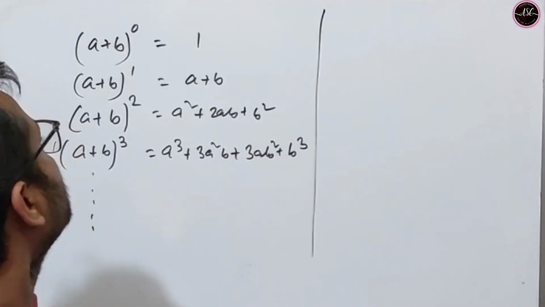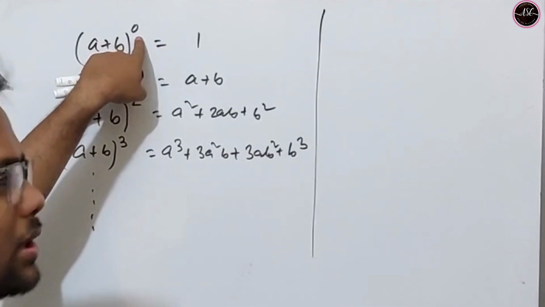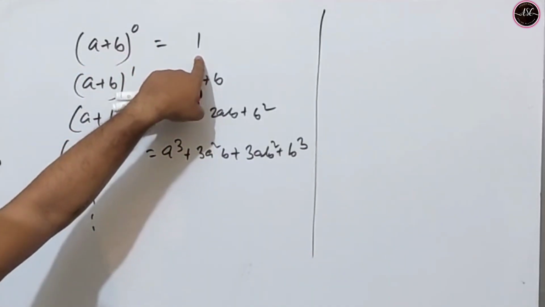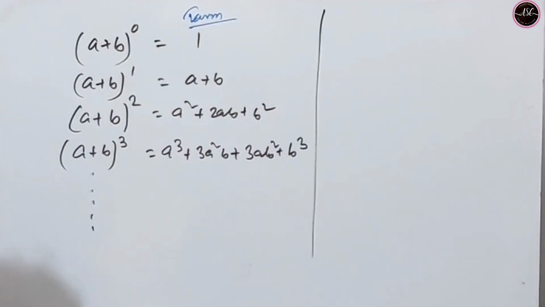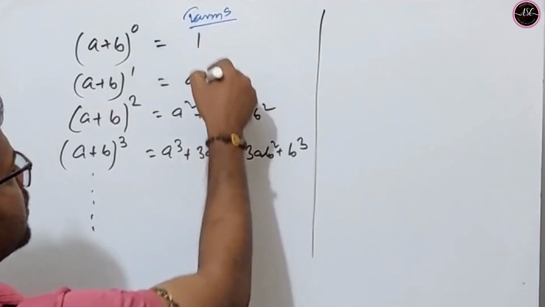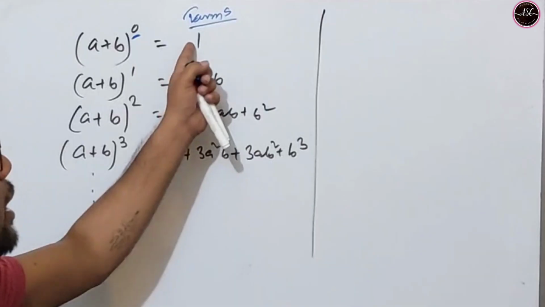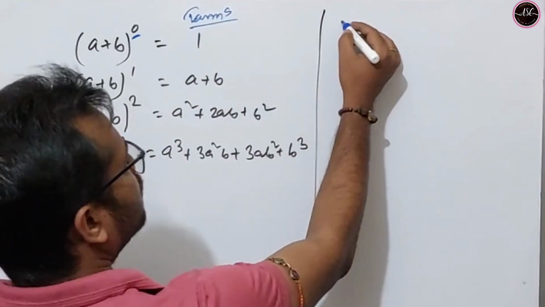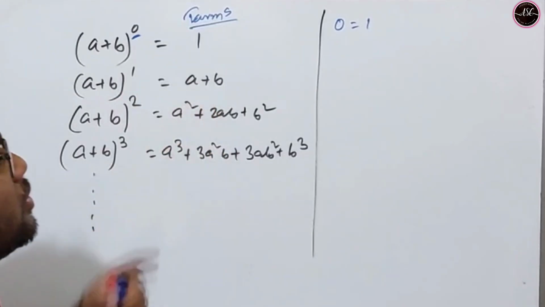Okay. So by this, some observation has come out. Then look here, when the index, that means power, is 0, these are the terms. Okay. When index is 0, term is 1. When the index is 1, term is 2.